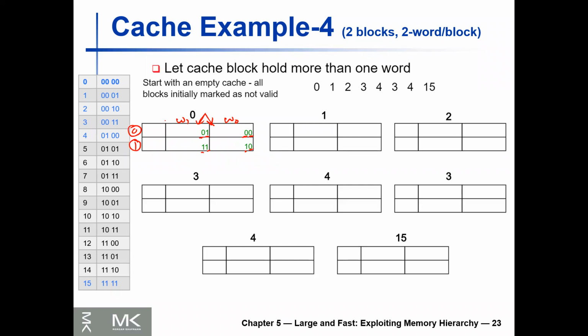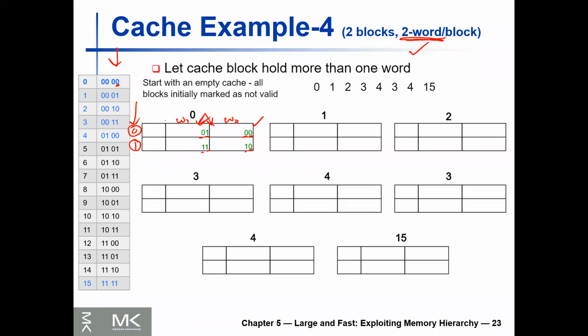Can you repeat, doctor, please? Okay, I'm saying that each block can have 2 words, right? We know how to find the block index, but in this block we have two words, so which word are we looking for? We need a word index also. The first bit tells you the word index, whether it is this word or this word.